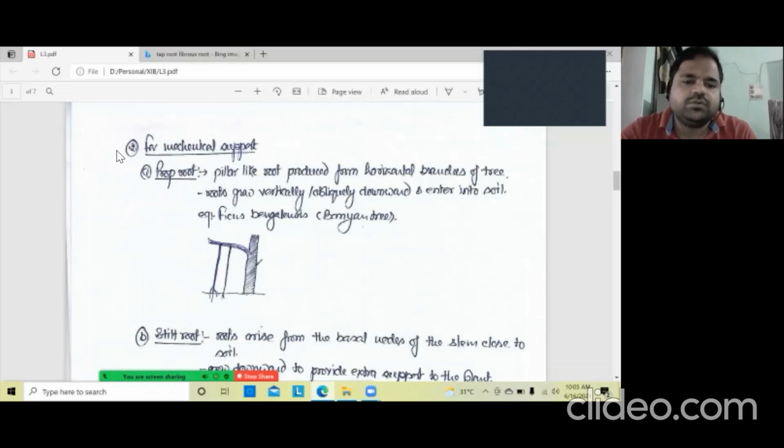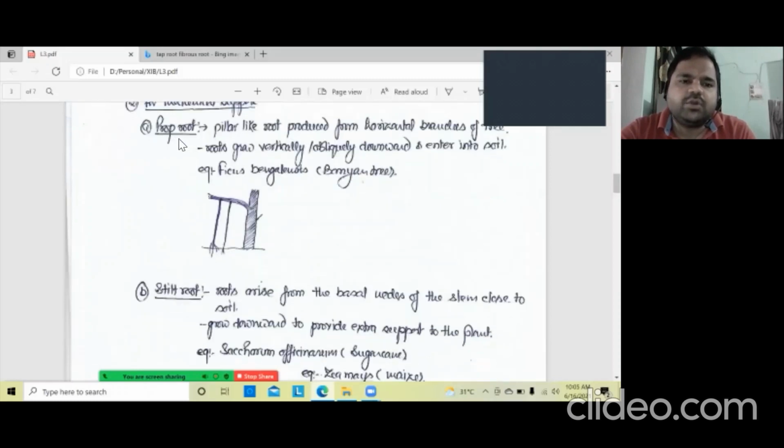These roots come from the stem, hang in the air, and enter the soil. These are pillar-like roots produced from the horizontal branches of the tree. Roots grow vertically or obliquely downward. We might have seen this structure in the banyan tree, and these roots enter into the soil. And the example is the banyan tree.